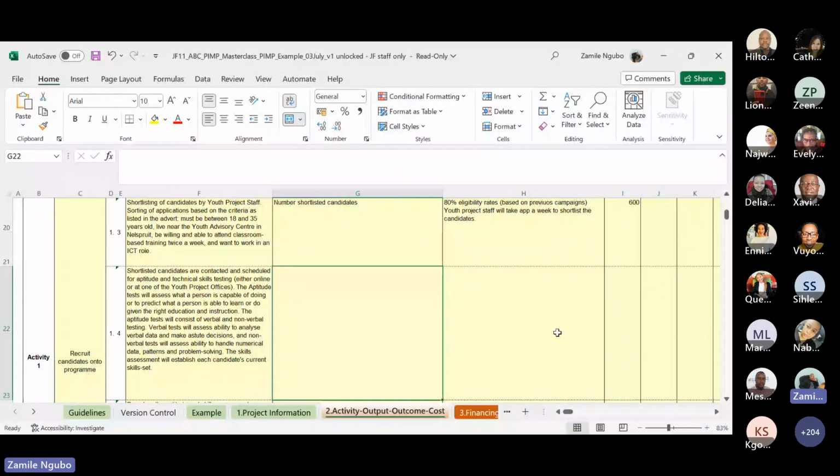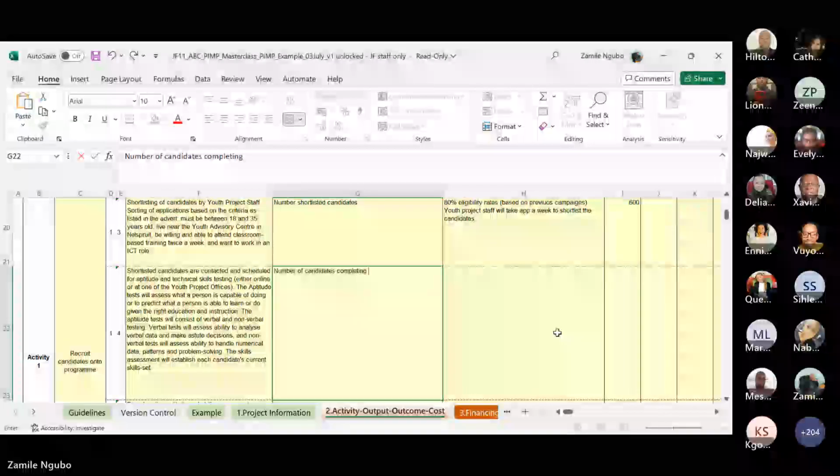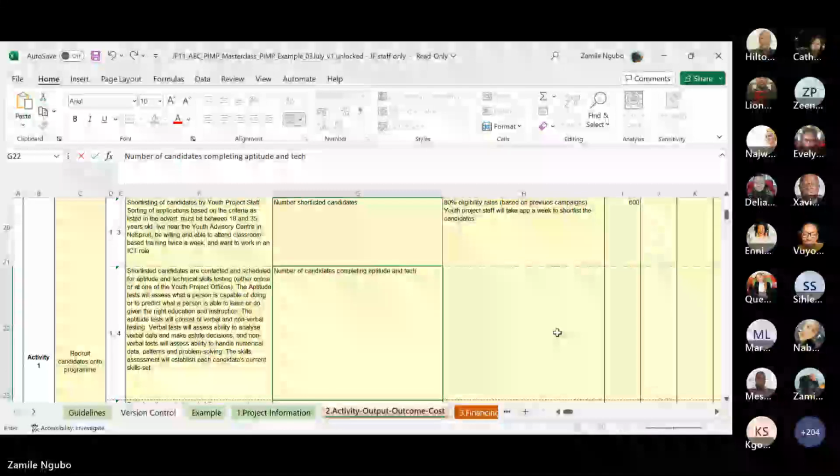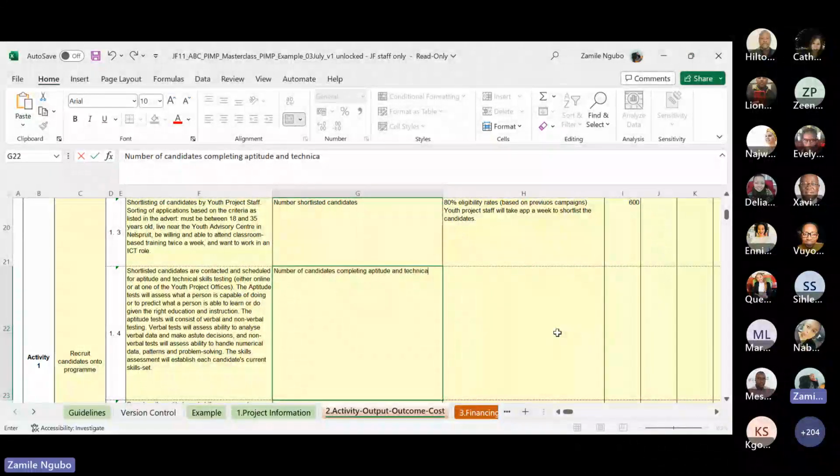So the output that will result from that sub-activity will be the number of candidates completing the aptitude assessment.